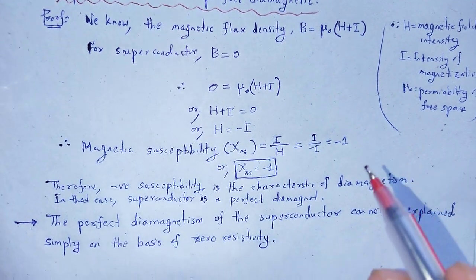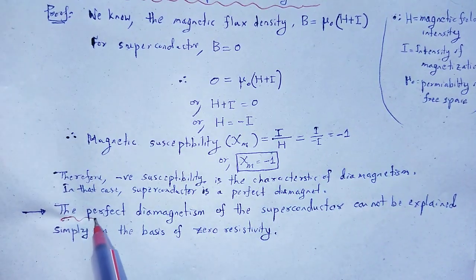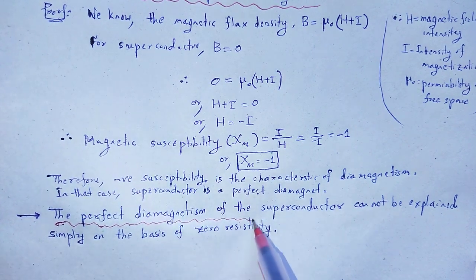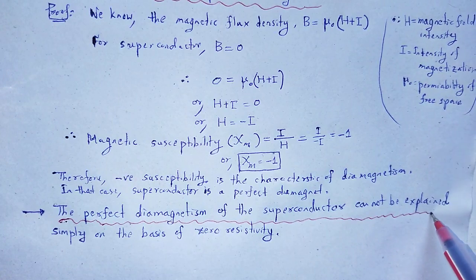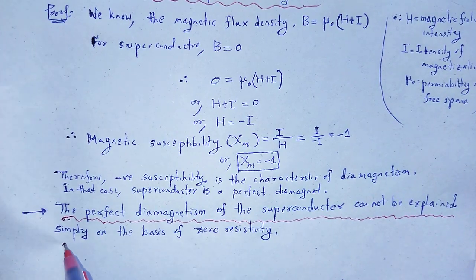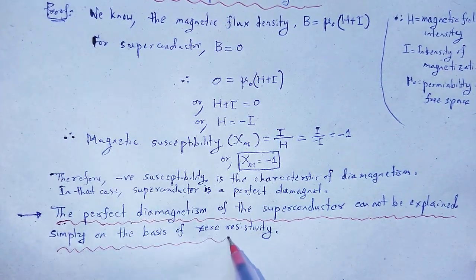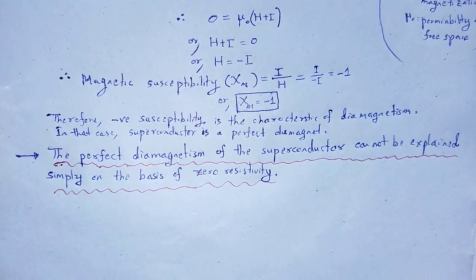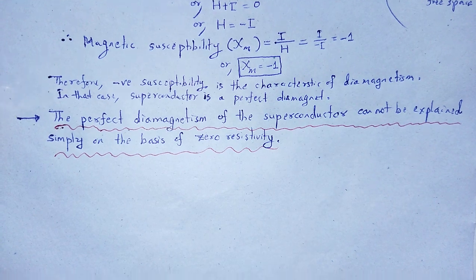Next aspect: the superconductor is a perfect diamagnetic, but that perfect diamagnetism of a superconductor cannot be explained simply by taking the zero resistivity concept. In a superconductor we know the resistivity is 0.